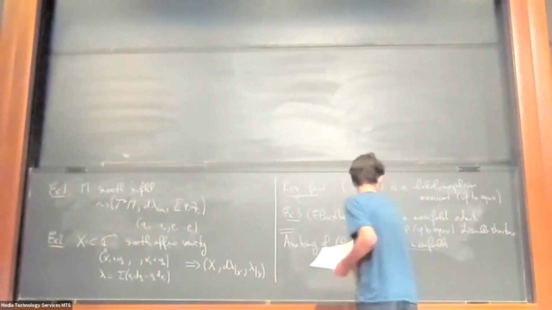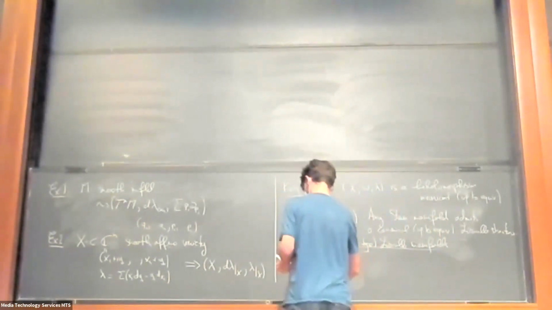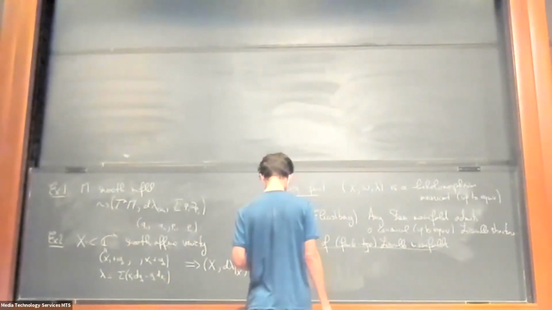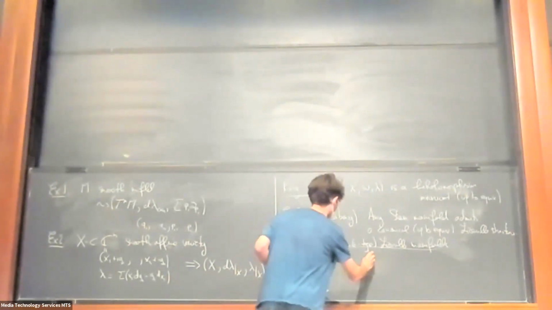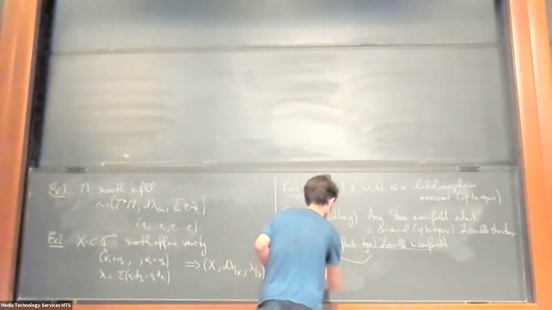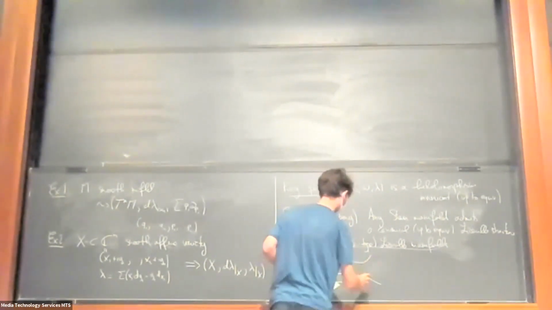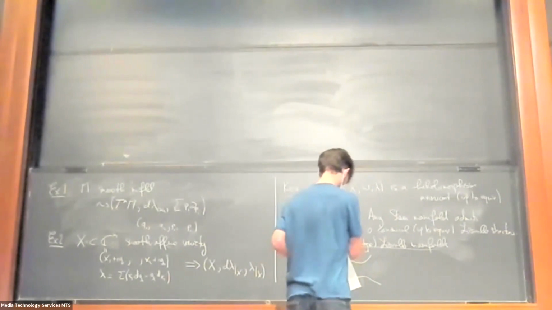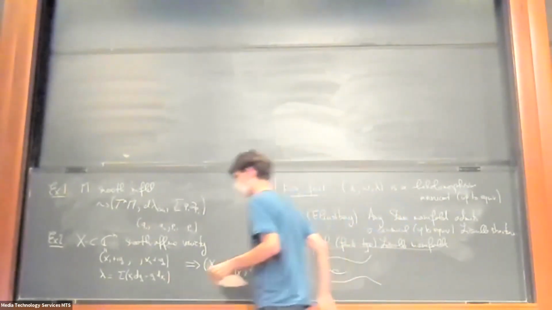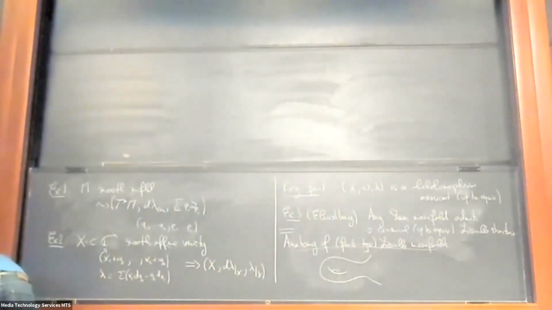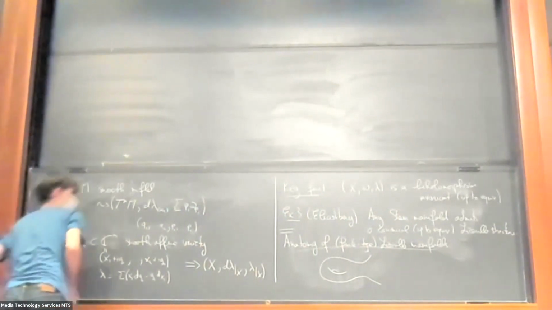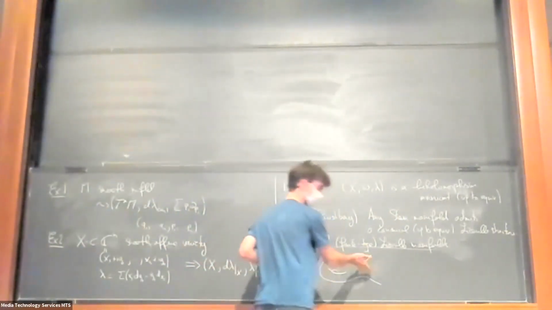So I'd like to draw a picture. I guess I can draw it right here. It's a picture which one often draws. So this is my symplectic manifold.